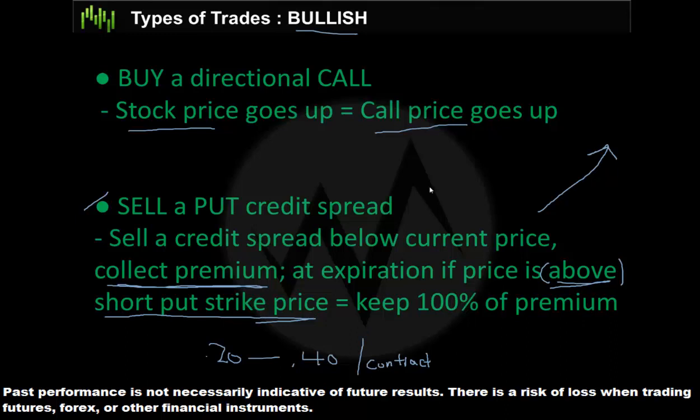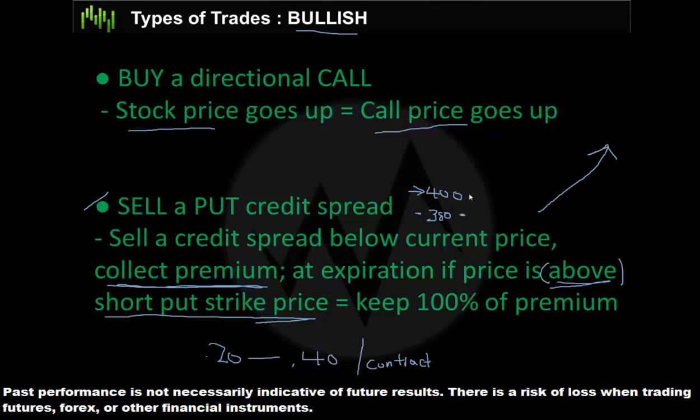Like if I sell it and Apple is trading at 400, where the stock is right now, and I believe that we're going to go up from there, I can sell the short strike at 380. Basically what I'm saying is I don't believe the price of Apple will go below 380 in the next 3 days. That is what my trade is.